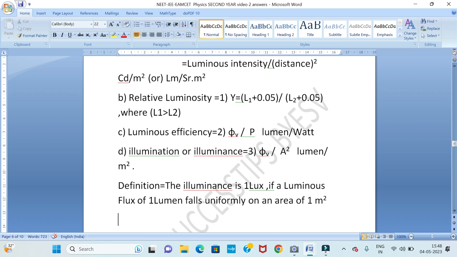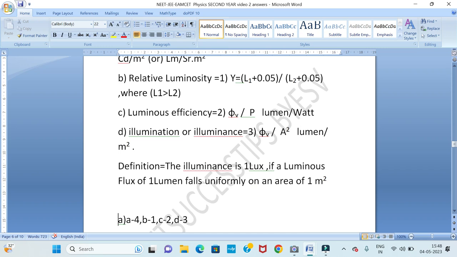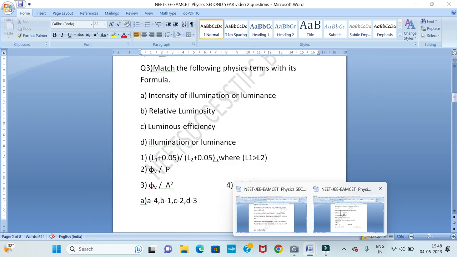Efficiency has P, power, while illumination has area square. That is the difference. One illuminance is 1 lux if a luminous flux of 1 lumen falls uniformly on an area of 1 meter square. So that is the answer. We'll move to the next question.